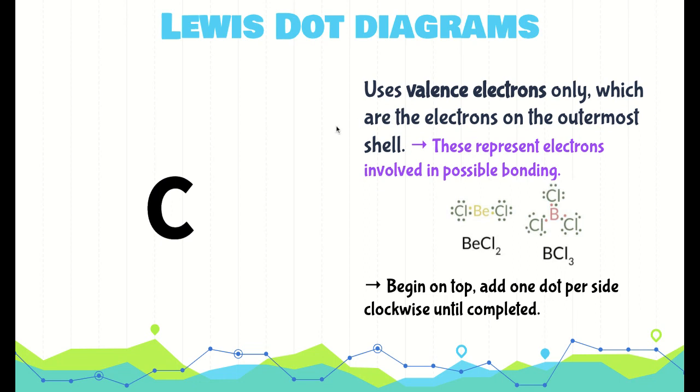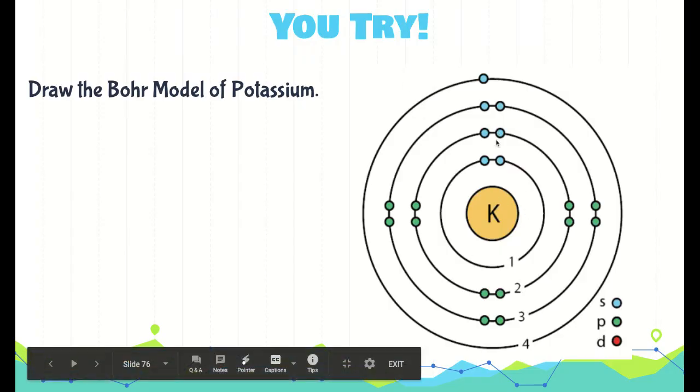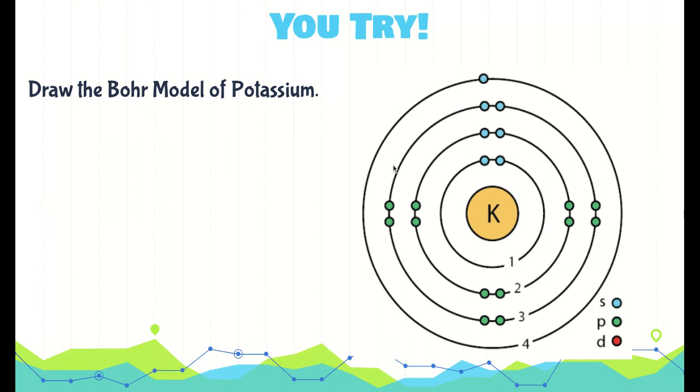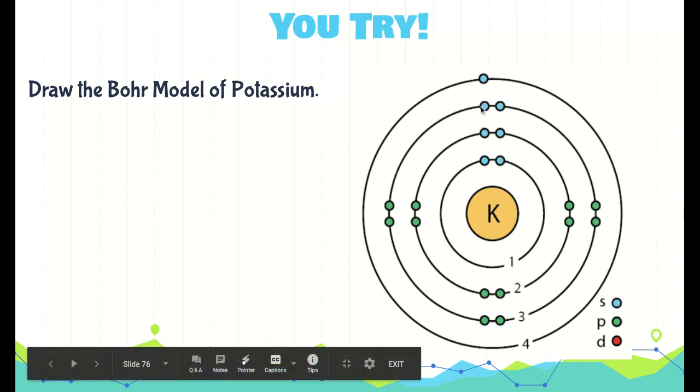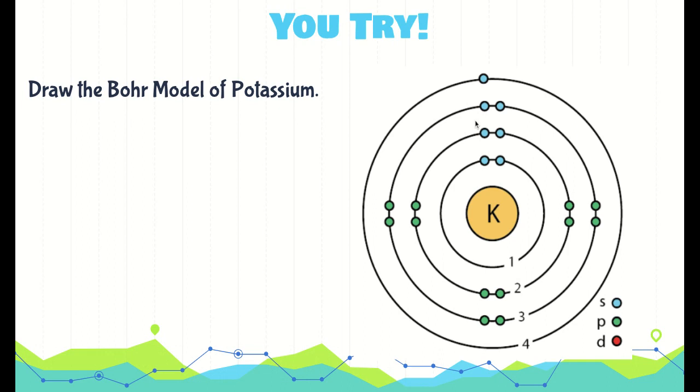Okay, so when you're talking about these Lewis dot diagrams, this is basically a condensed version of your Bohr models. With the Bohr models, you're representing all of the electrons all the way out to the edges to show how the energy is distributed throughout the atom.